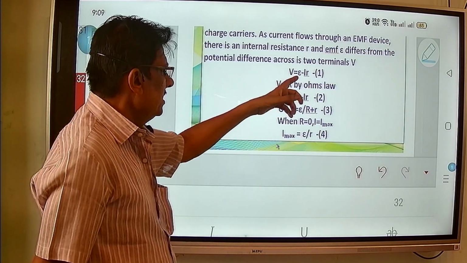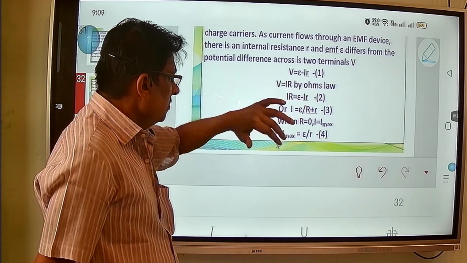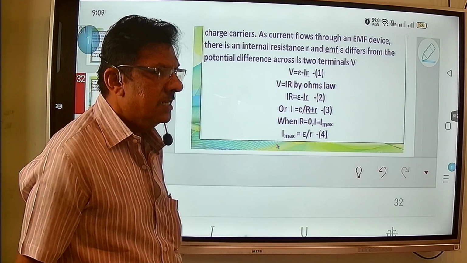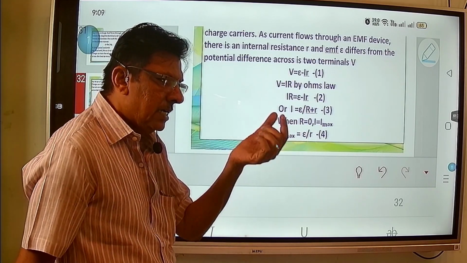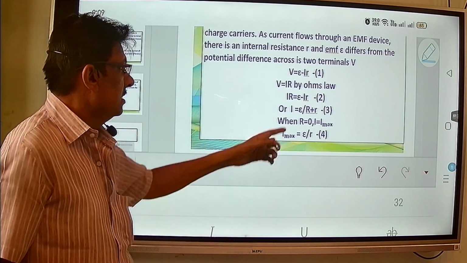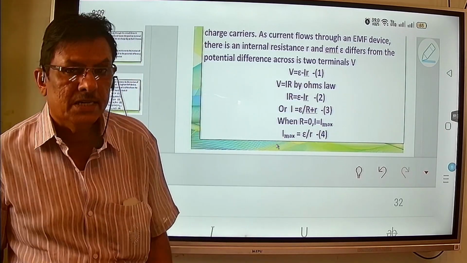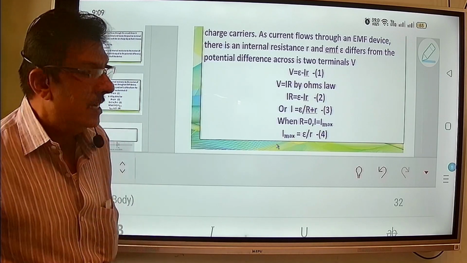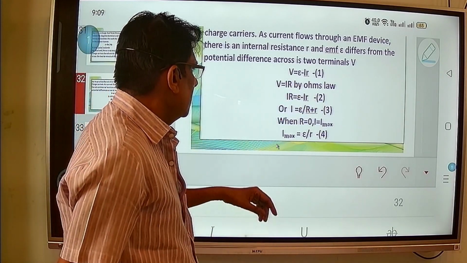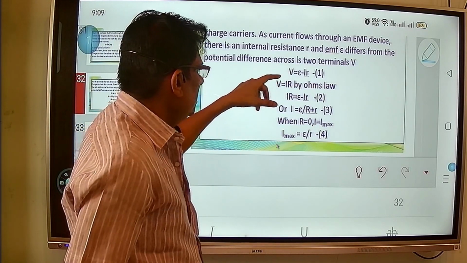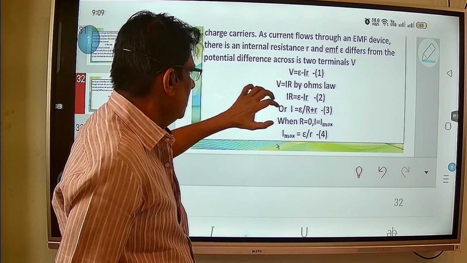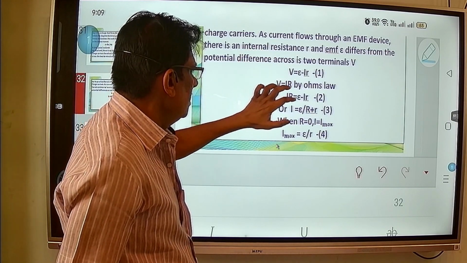No doubt, this is EMF, but the charges which are passing through that EMF, this means that again a potential drop is formed across the internal resistance, that is Ir. So by Ohm's law we know that V is equal to IR. We equate these two equations. V is equal to E minus Ir, with IR. So IR is equal to E minus Ir.